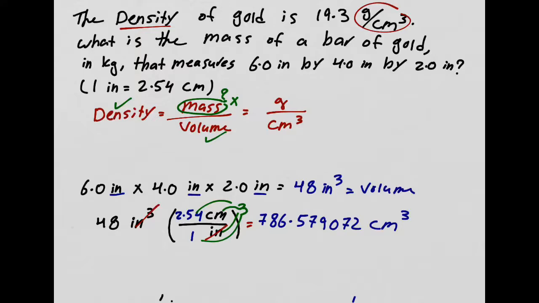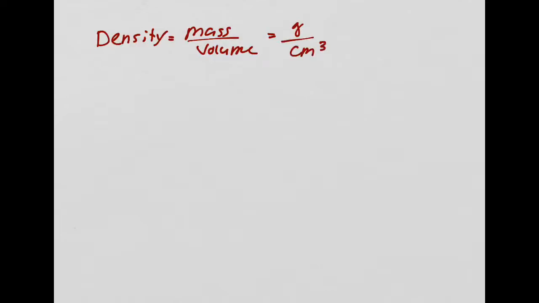Okay. So, density was mass per volume. I have the density. Now I have the volume in the correct unit. I'm going to come back here again because I have more room. So, density was mass over volume. Do you agree? And keep in mind, the unit has to be gram per centimeter cube.